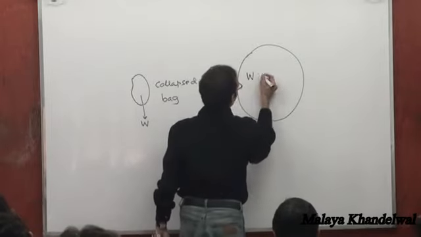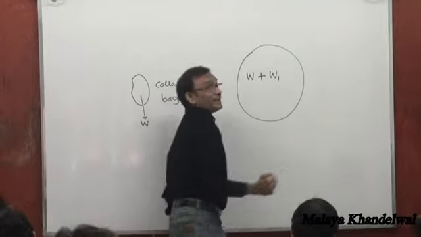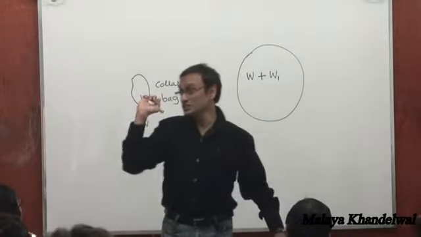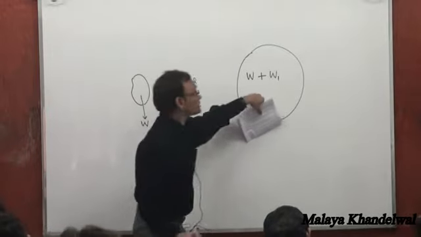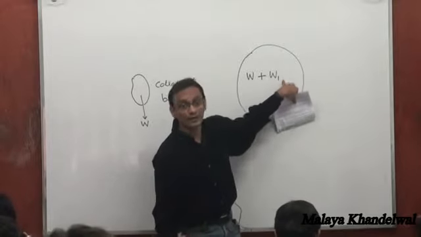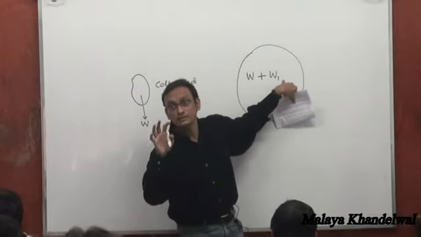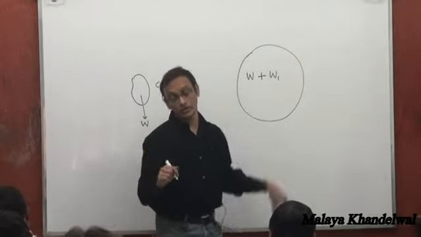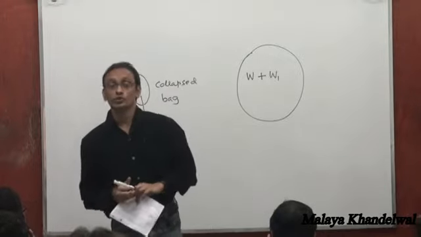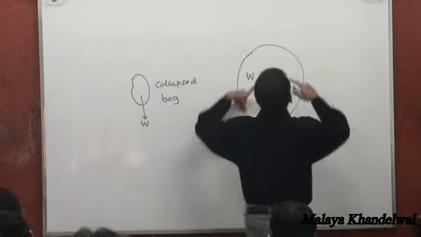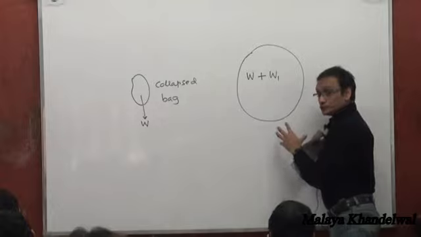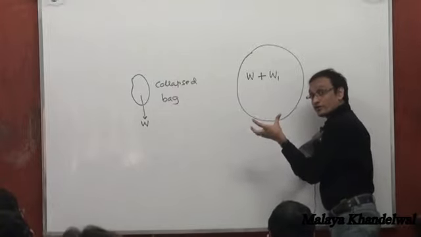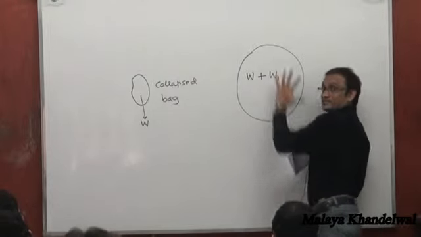So W was the original weight and now you have W1 as the weight of the air with which it's filled in. This W1 kilograms of air is filled into the plastic bag. The trade-off is that now it has a certain volume, so it has displaced a certain amount of air, so it experiences an upthrust.